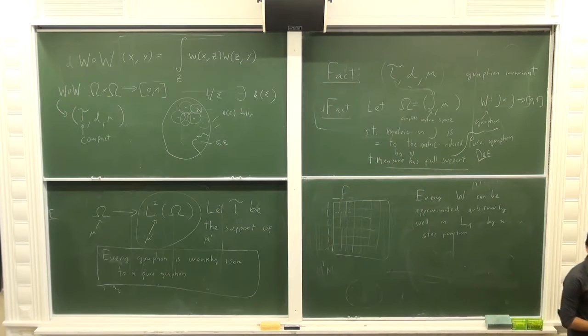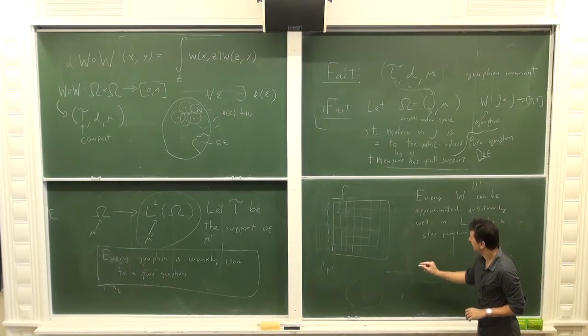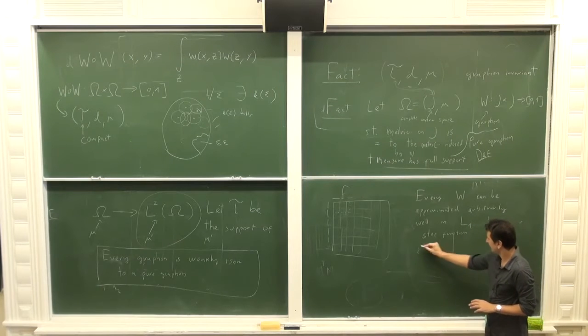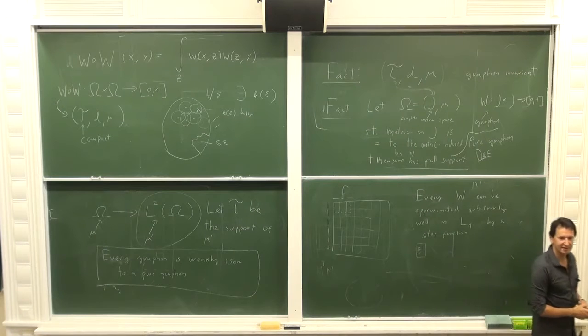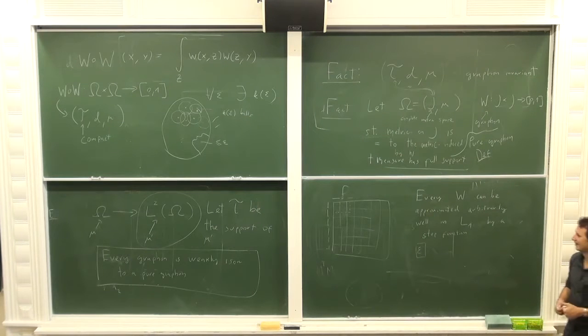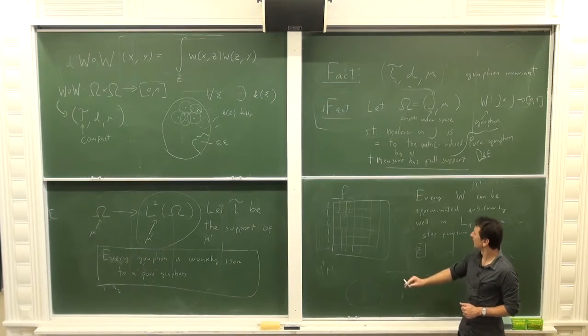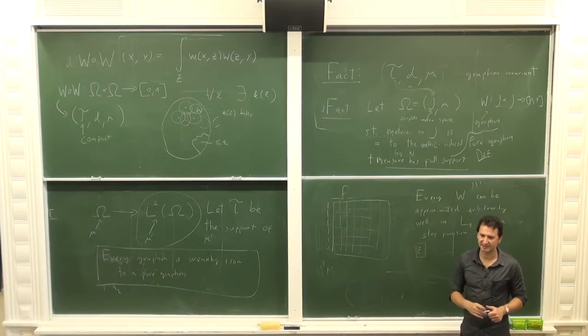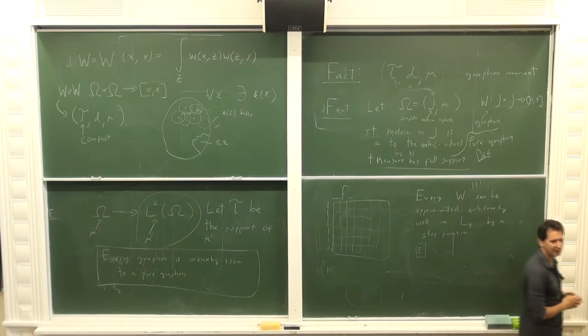It's a basic fact in analysis. But it's also well known that the number of steps that you may use will depend on the graphon. So if you fix an epsilon and you want to get such an approximation, there is no fixed constant such that you can always approximate the graphon with a step function of that many steps. The complexity of the approximation depends on the graphon.